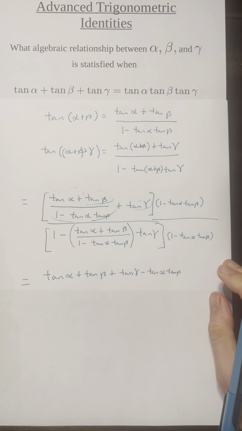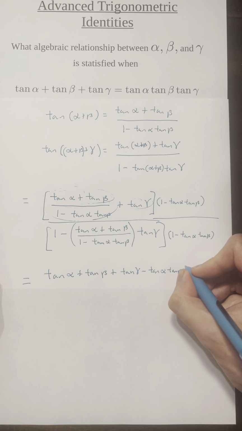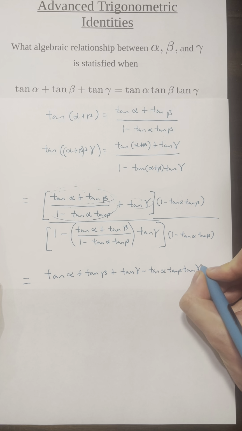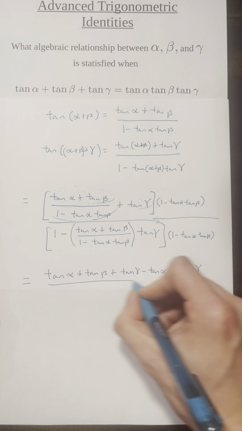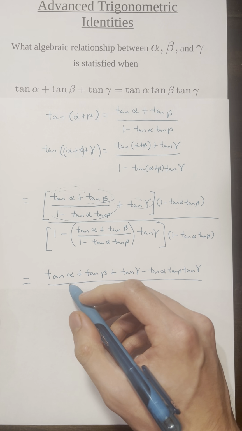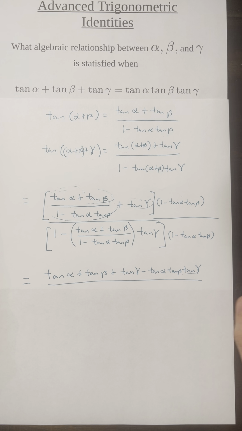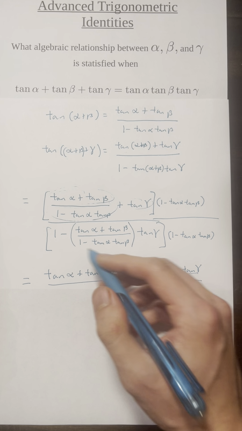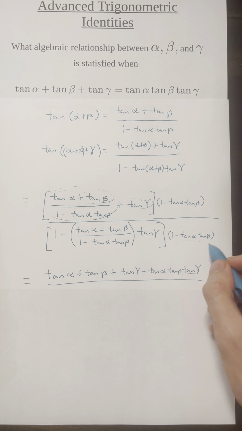Okay, here we go. I'm going to just keep them alphabetical. All right, what does this simplify as? Well, 1 times this is just this.